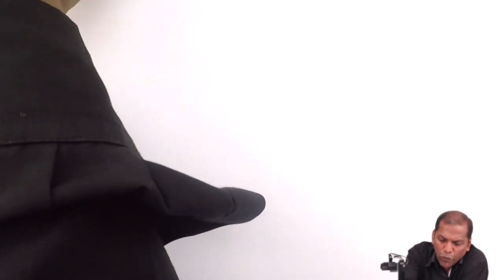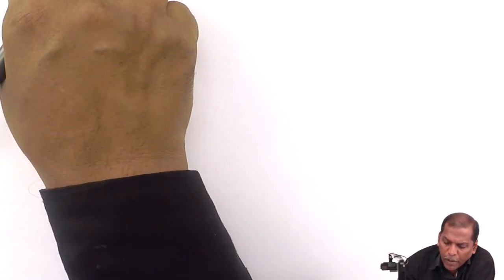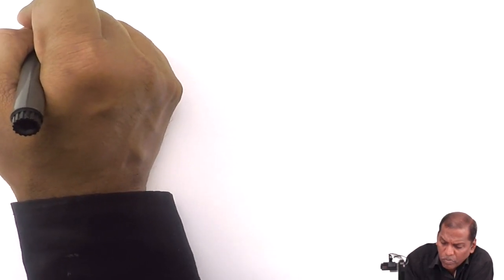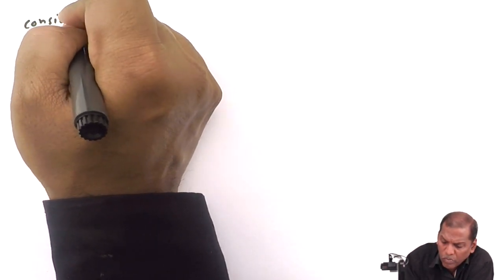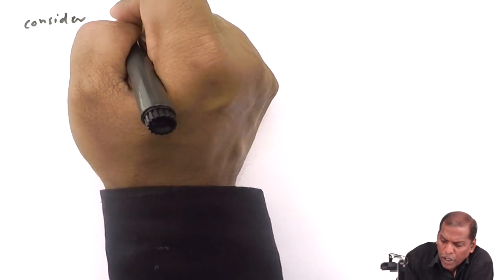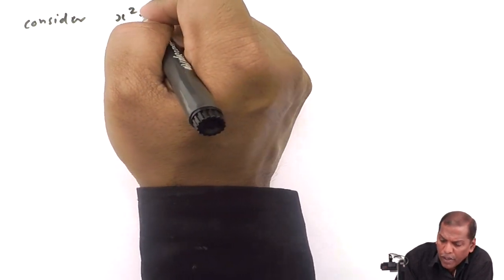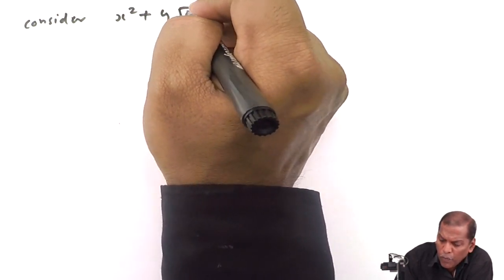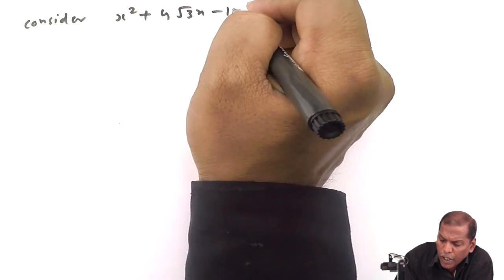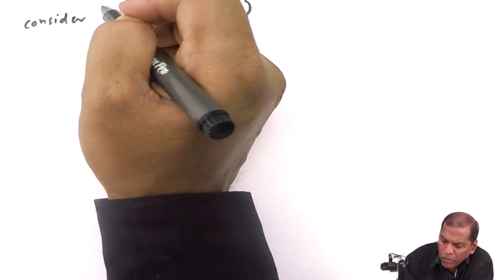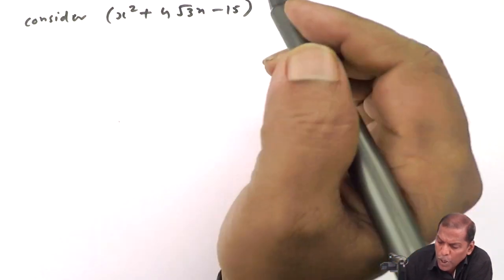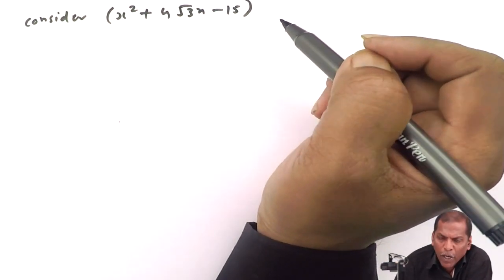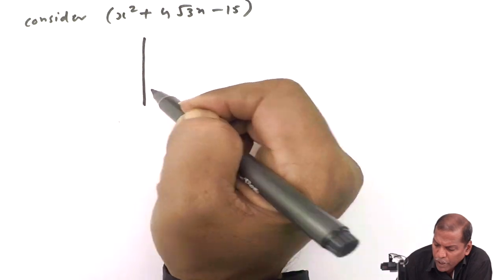Now here we have to factorize the term which is present in the denominator. So consider x square plus 4 root 3 x minus 15. This can be factorized by using the synthetic division method.